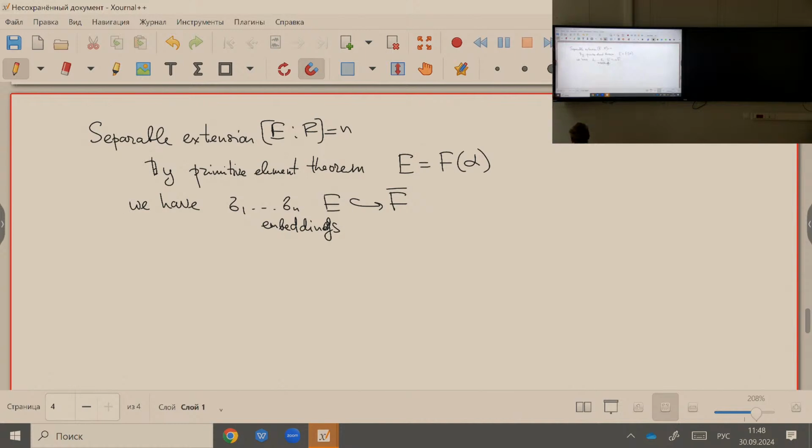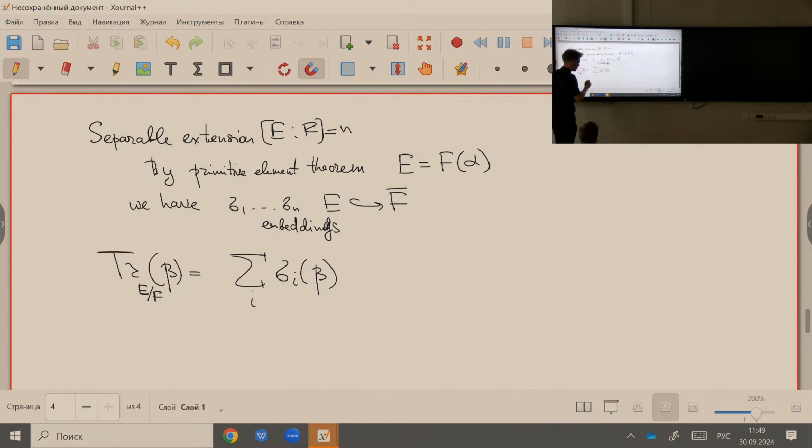The main important fact is that if you want to calculate the trace of beta, the trace of E over F, it is equal simply to the sum over all these embeddings sigma i of beta.